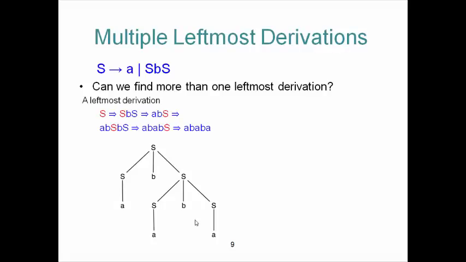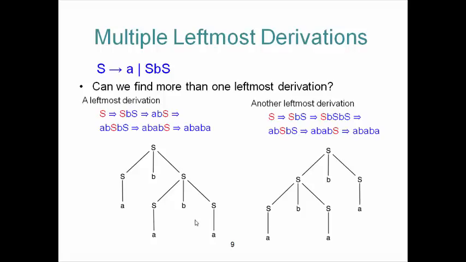For a given string, if we could draw multiple leftmost derivations like this, then we can say that the string is ambiguous because it generates multiple leftmost derivation trees. In both the derivations, the leftmost symbol is replaced, but the order of productions applied is different.